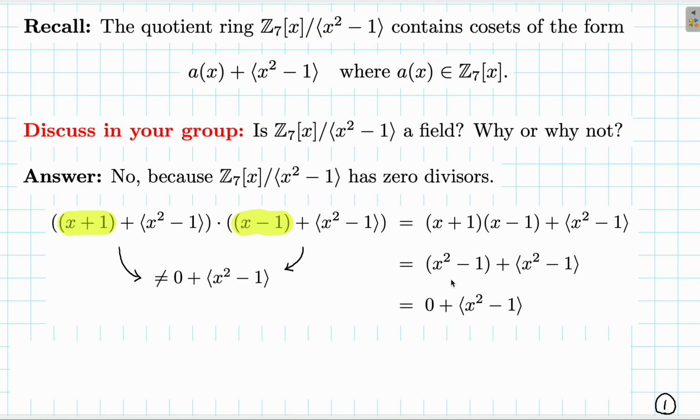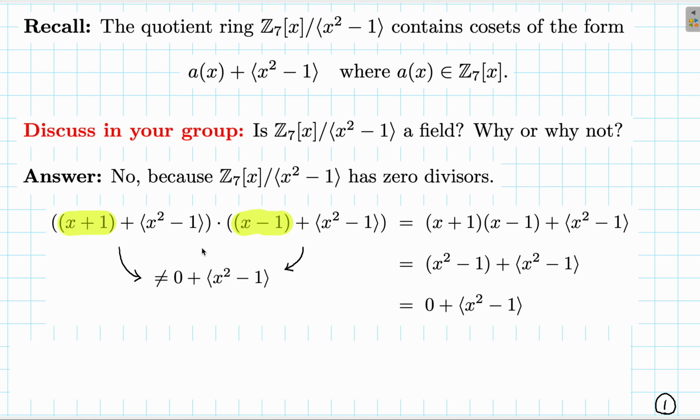And so we get x² − 1 + ⟨x² − 1⟩, which is equal to the zero coset, namely 0 + ⟨x² − 1⟩. So we have a pair of non-zero cosets of the quotient ring that multiply together to the zero coset, which means that these cosets are zero divisors of the quotient ring.